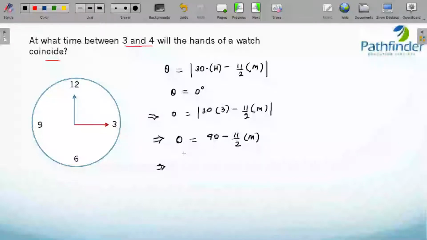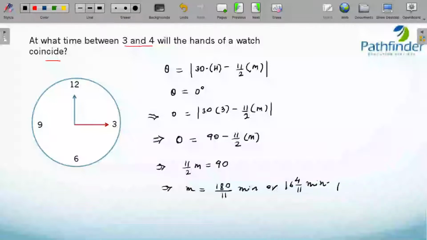So if I take 11 by 2 m on the other side, I'll have 11 by 2 times m is equal to 90, which means m is equal to 180 by 11 minutes, or 16 integer 4 by 11 minutes past 3 p.m. That's your answer.